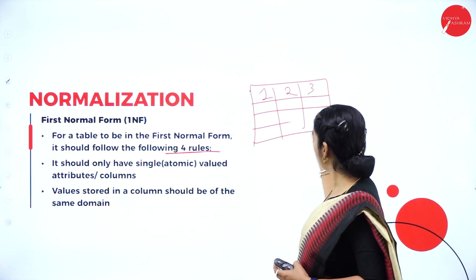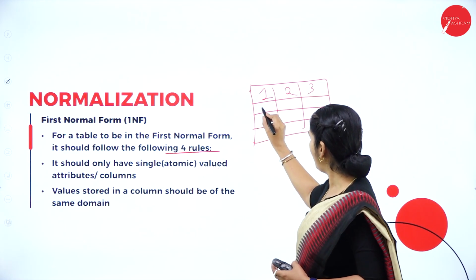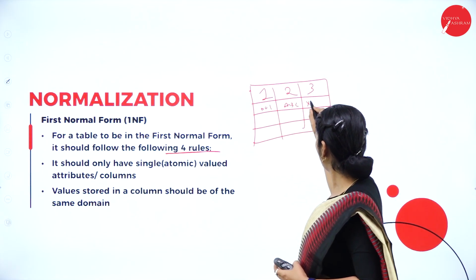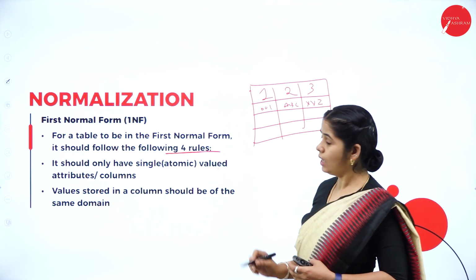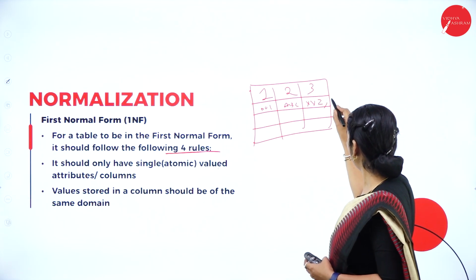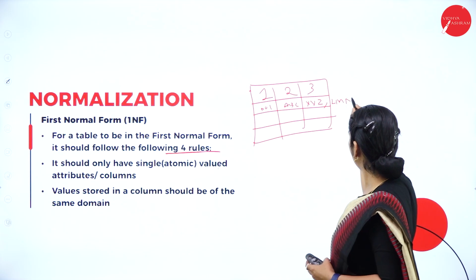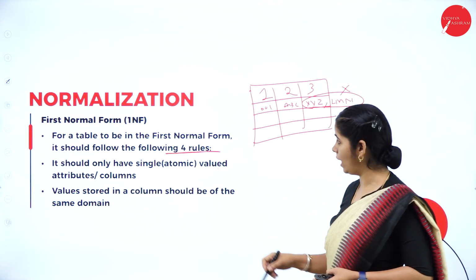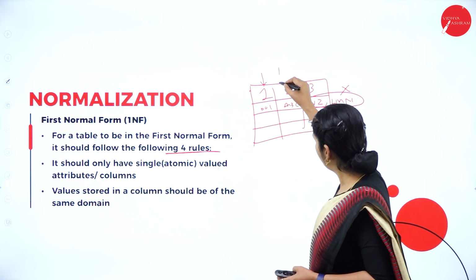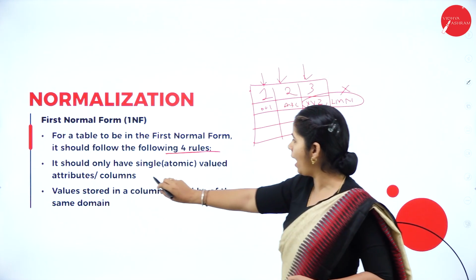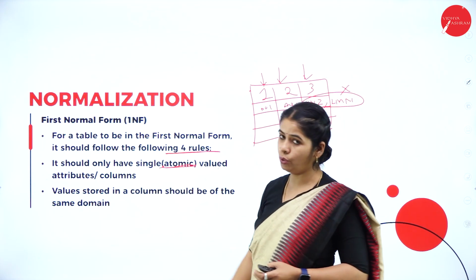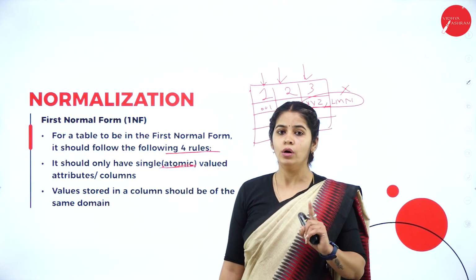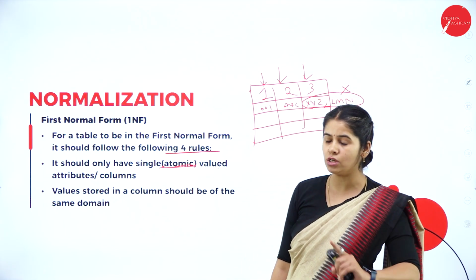Each attribute should have only one value, like 0, 1, A, B, C, X, Y, Z. It should not be like X, Y, Z and L, M, N together. That is, every column should have an atomic value. This is the first constraint to say the table is in first normal form.